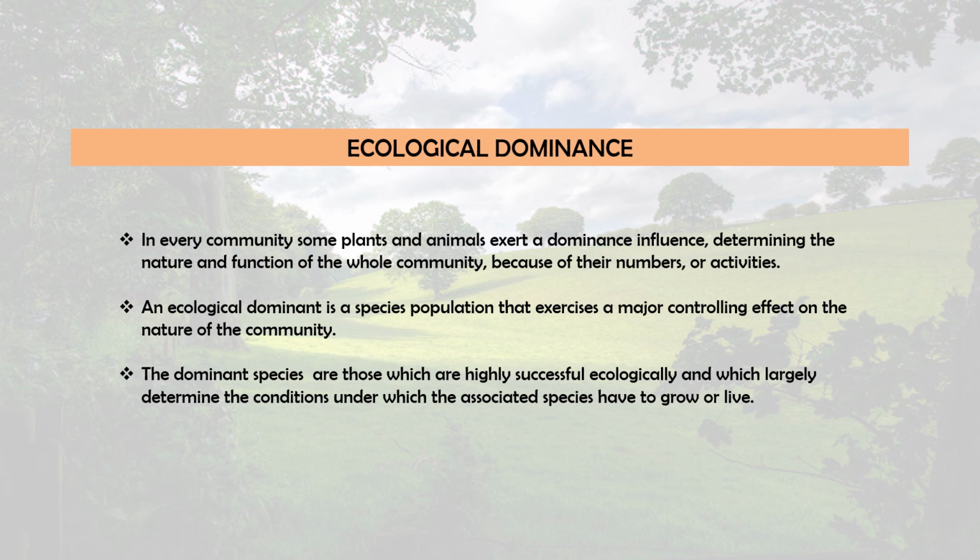Thus, each community usually contains one or two species populations at producer, herbivore, or carnivore, or top carnivore levels that are recognizable by the controlling influence that they exert on the community. These dominant species populations are the members of the community through which a major portion of the energy transfer is effected.